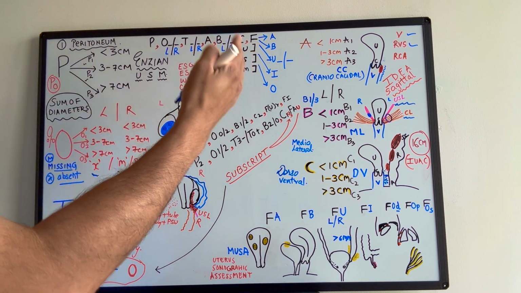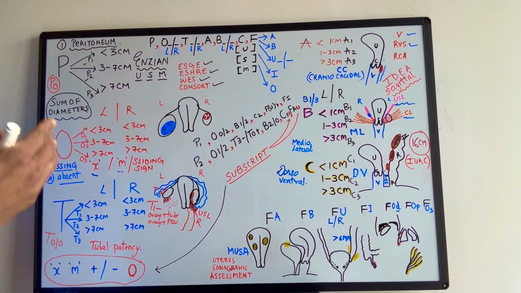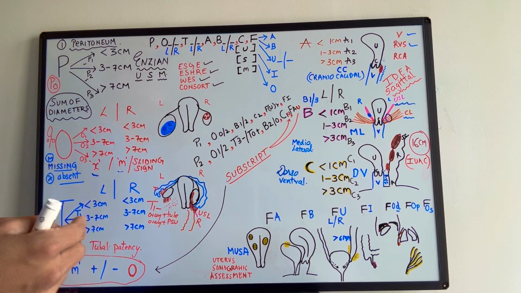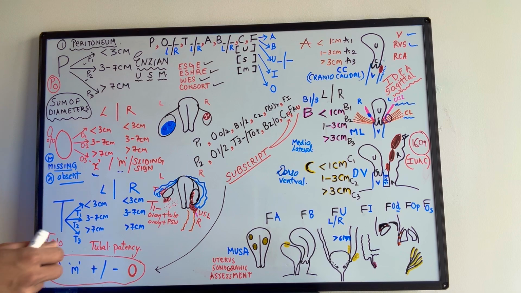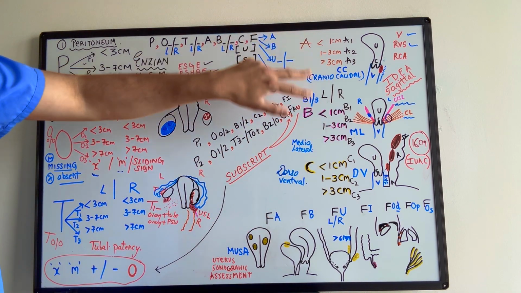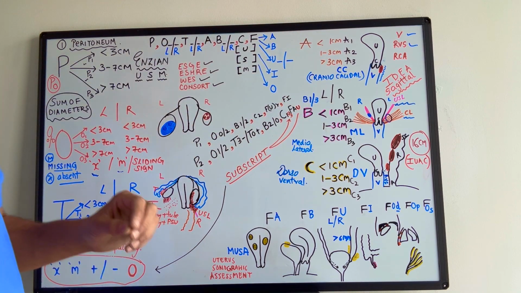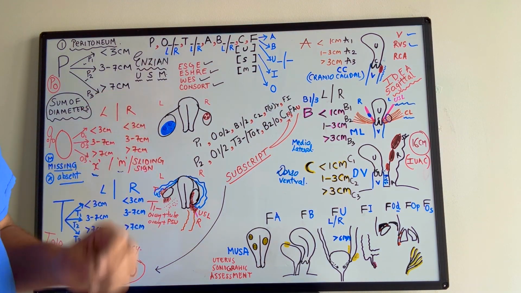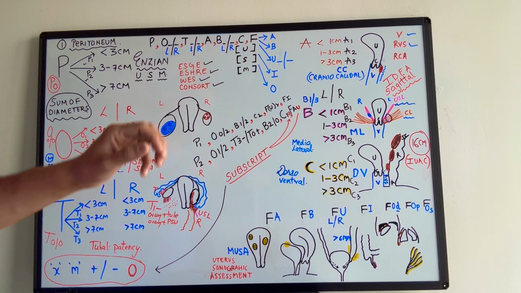Then we move on to the deep endometriosis, which is located in the retroperitoneal space. So it's A, B, and C. Here the size of the lesions is divided into less than 1, 1 to 3, and more than 3.